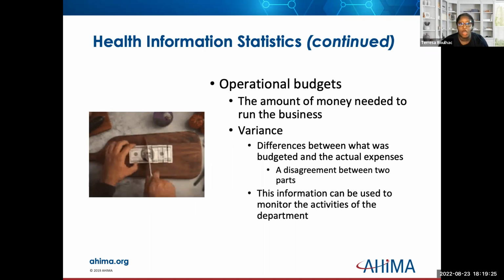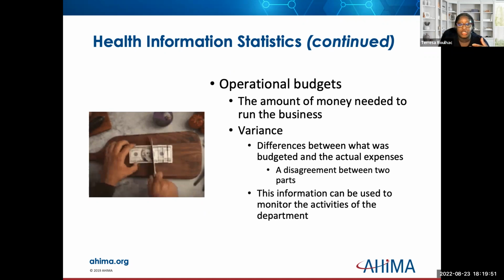Of course, there's variance, where there's a difference between what was budgeted and the actual expenses. So you have, okay, I'm budgeting $10 for a Louis Vuitton. However, the Louis Vuitton costs $1,000. What's going on, right?